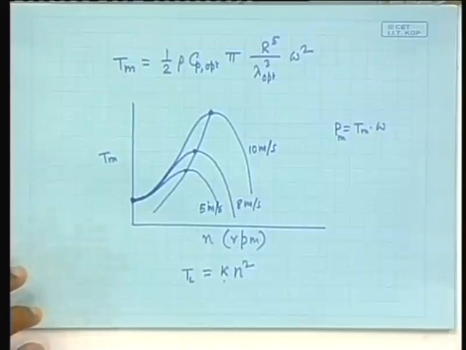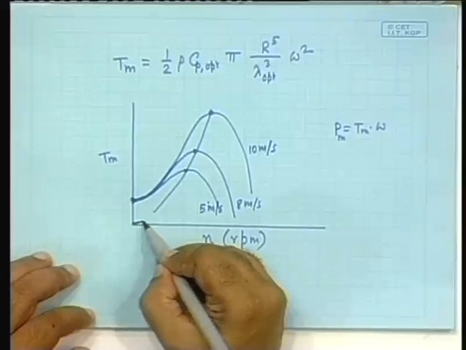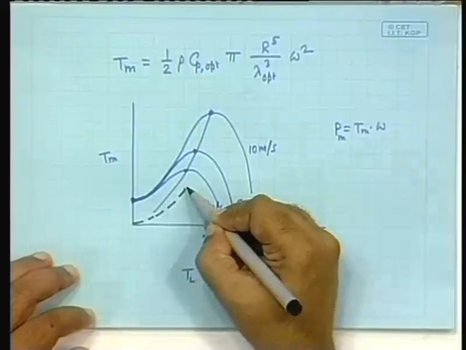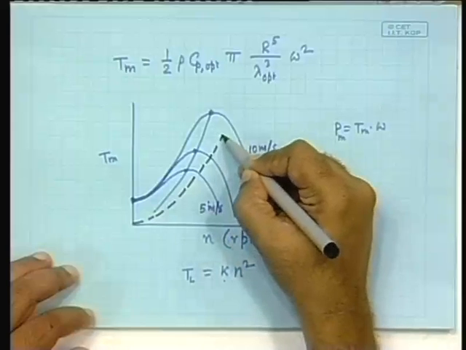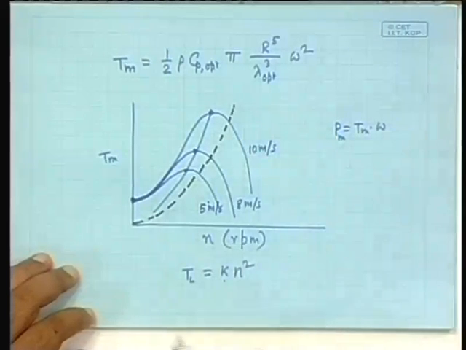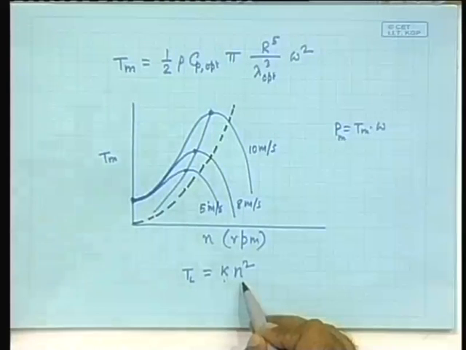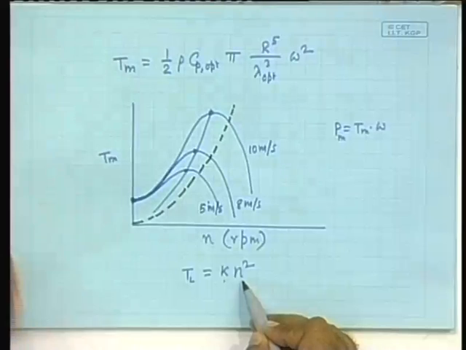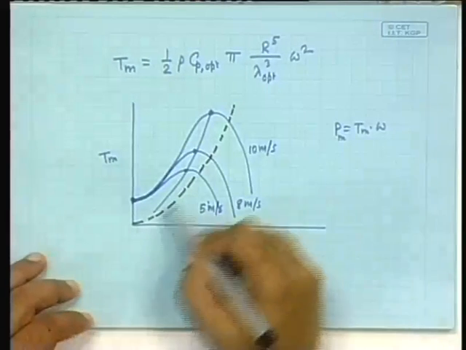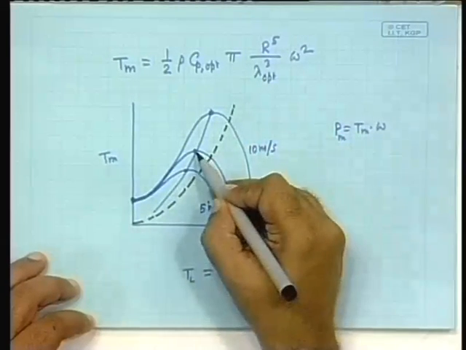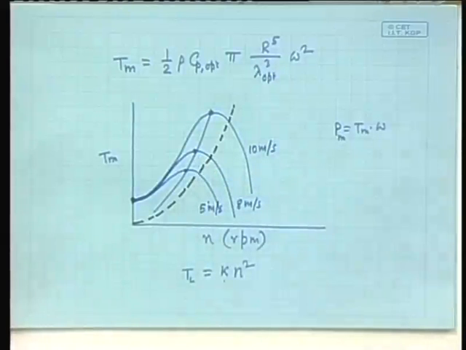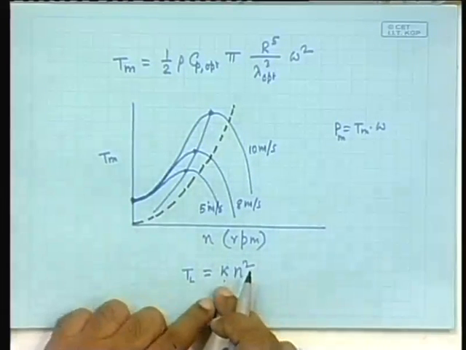See, I will draw in a different color. This characteristic will be something like this, and this will depend on the k. This is also a parabolic relationship, but it does not go through the peak because the k has been chosen wrongly. So, the k should be chosen correctly.